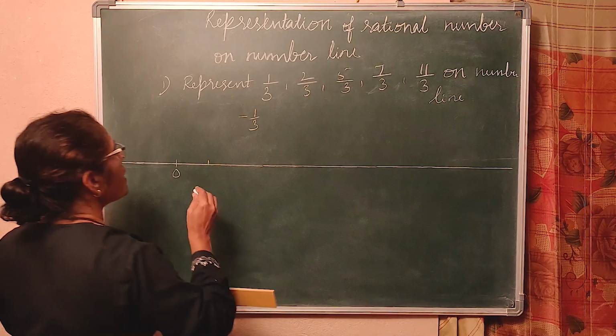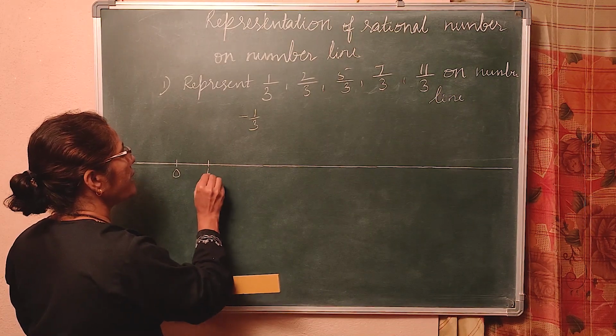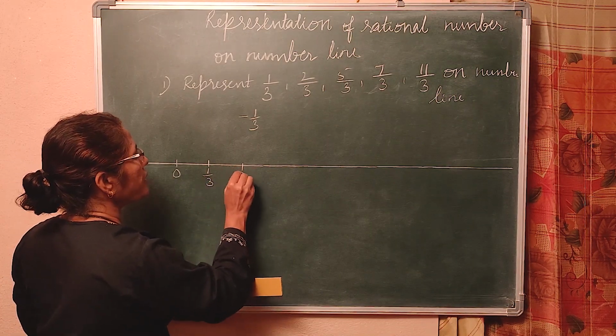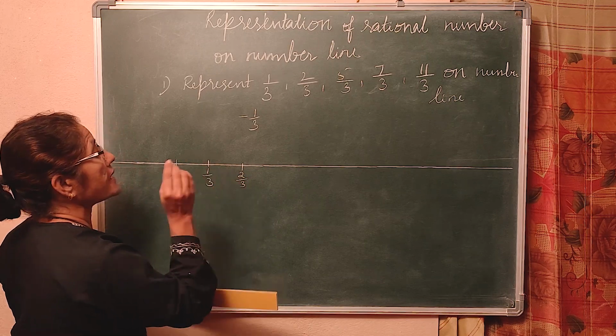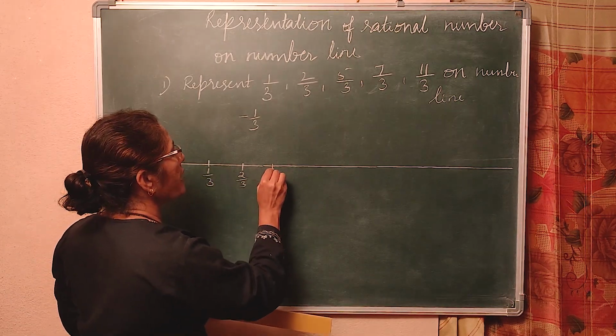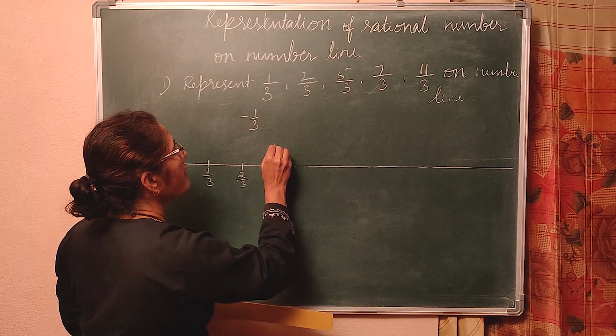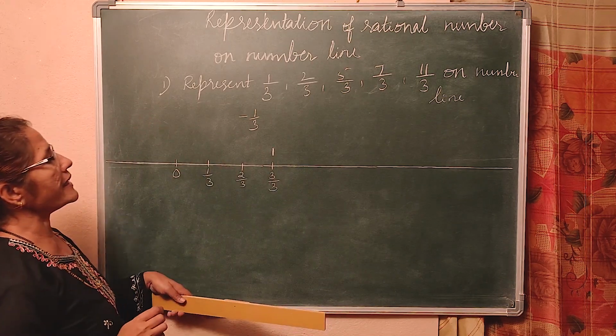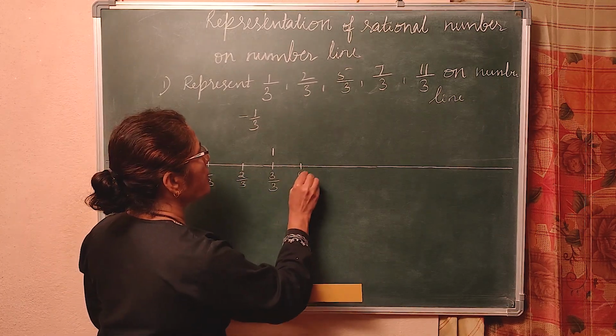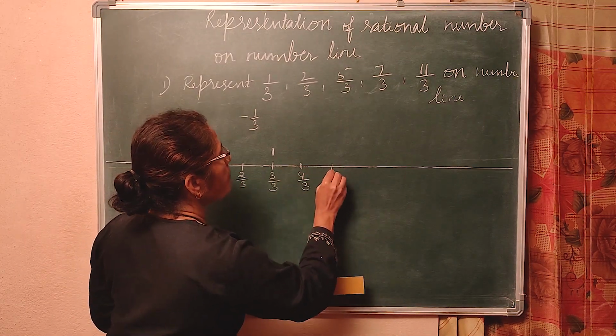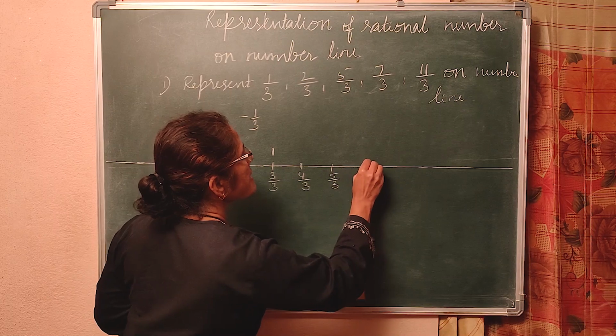For every 1 centimeter, I mark. So, how do I mark? 1 by 3, 2 by 3. Use the scale for every 1 centimeter. This is 3 by 3. What is 3 by 3? It is 1. Write down 1. Right? 4 by 3, 5 by 3, 6 by 3.